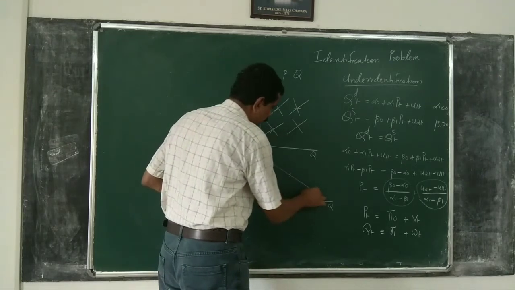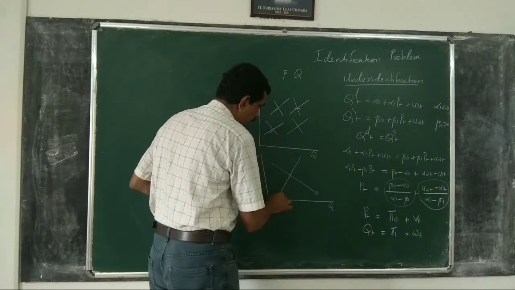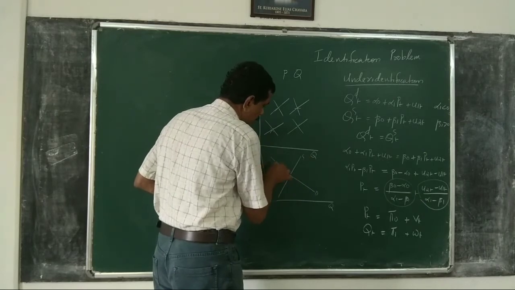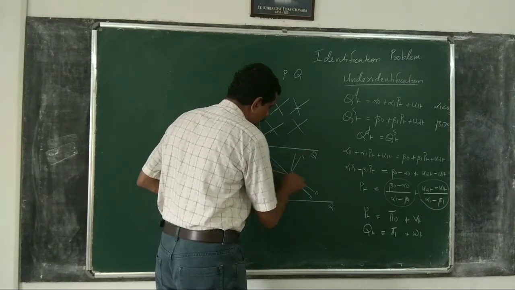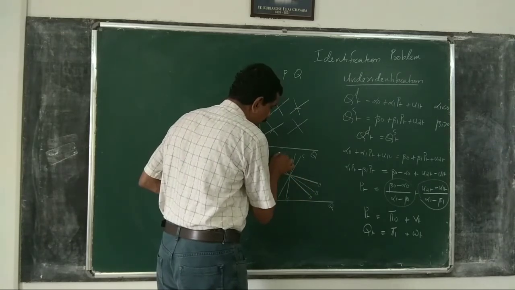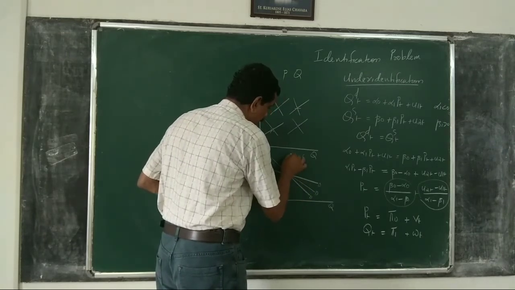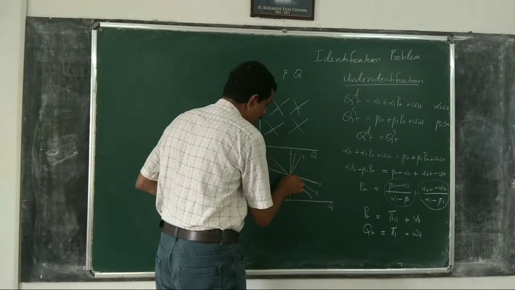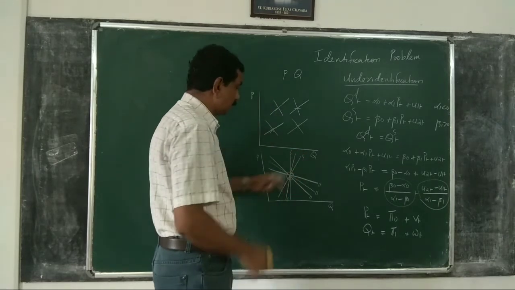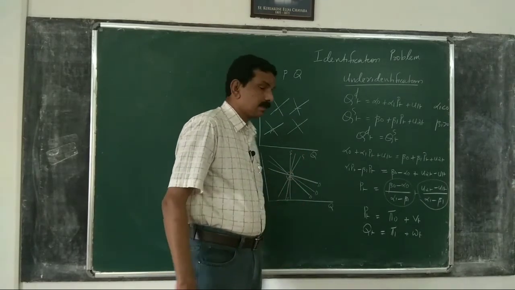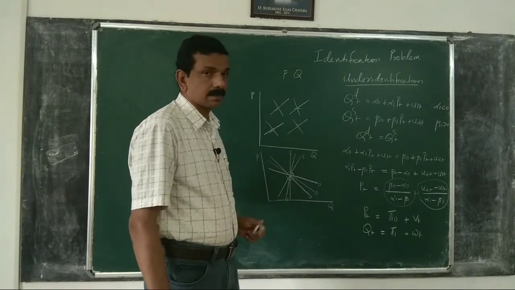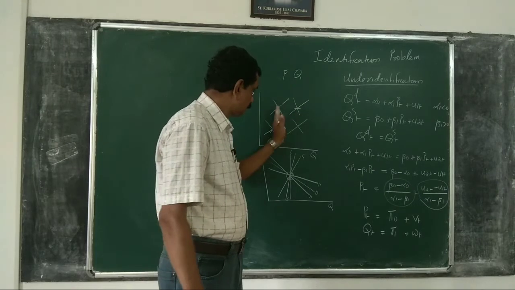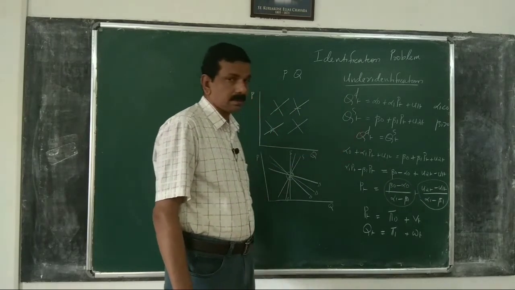Now, this point may be generated by this demand and supply curve, or this demand and this supply curve, or this demand and this supply curve. And we do not know which demand and supply curve generated this point. The point is, we have a set of equilibrium points.